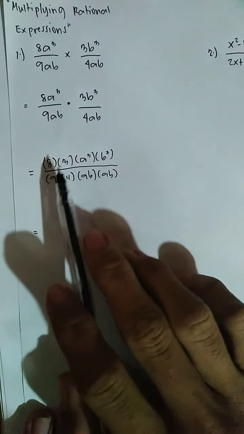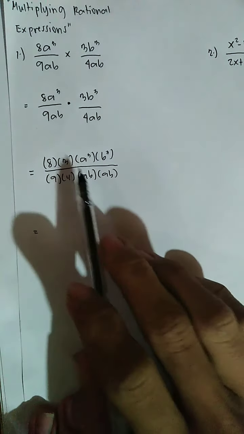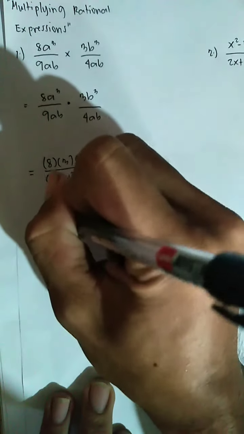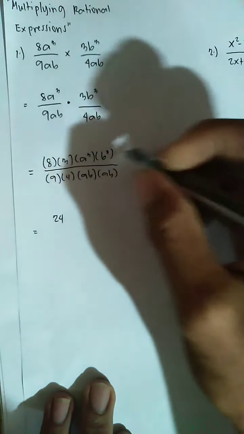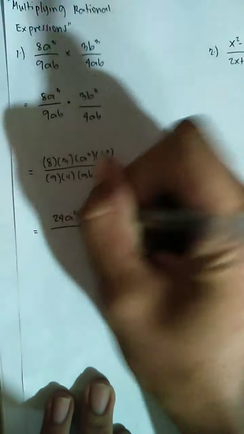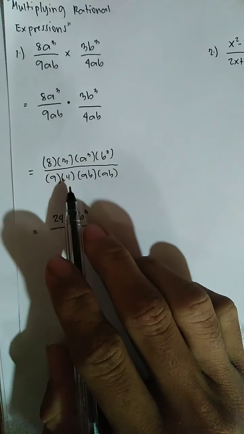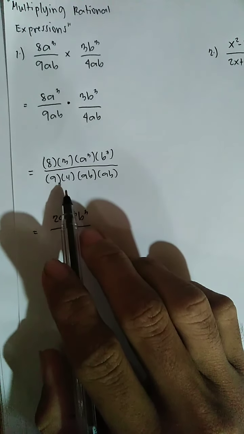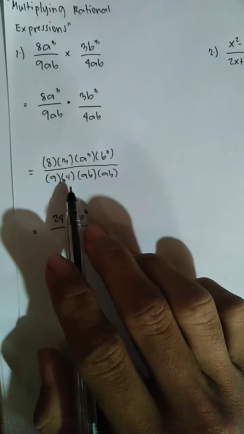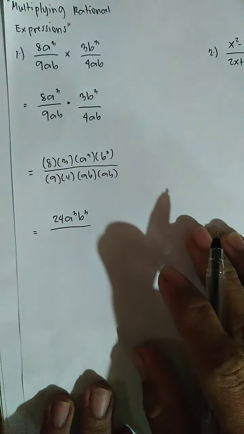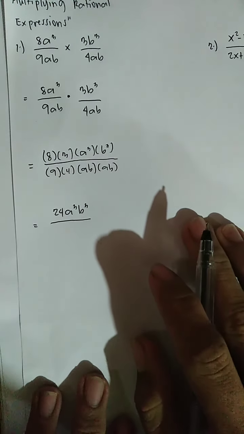Okay, so in this case, 8 times 3, that is 24. Then a cubed times b cubed, that is a cubed b cubed, all over 9 times 4. What is the answer for 9 times 4? That is 36. Am I right?